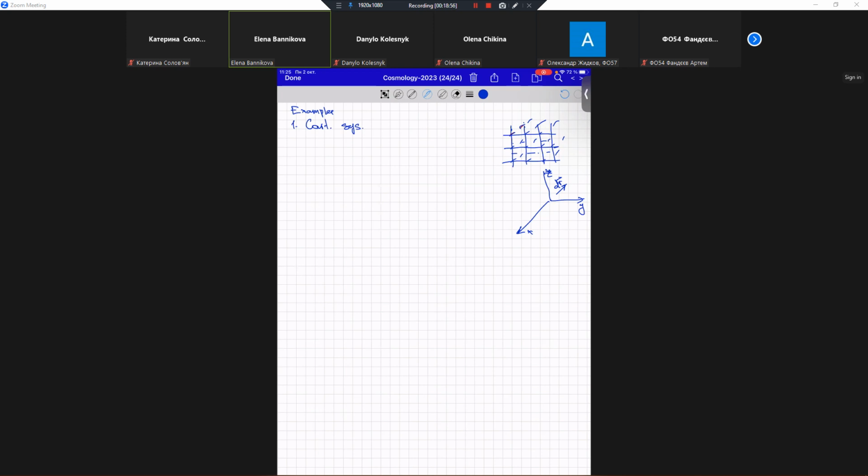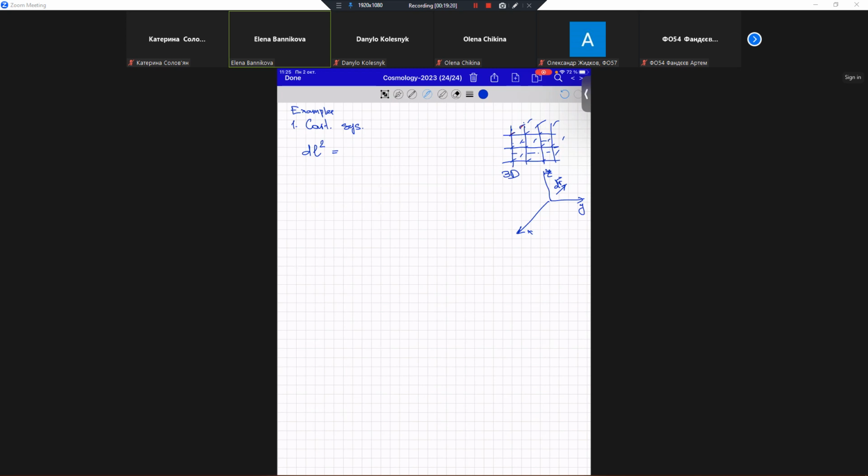I want to write the element of length of this vector. It's much more convenient to write the square of the length element, so I write dl squared, and here I consider three-dimensional space.